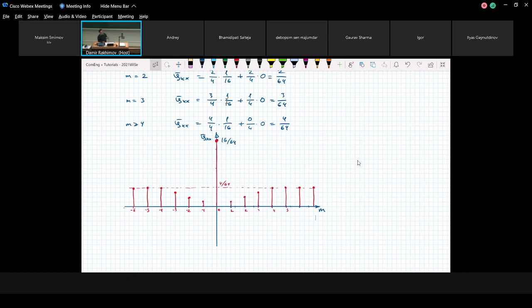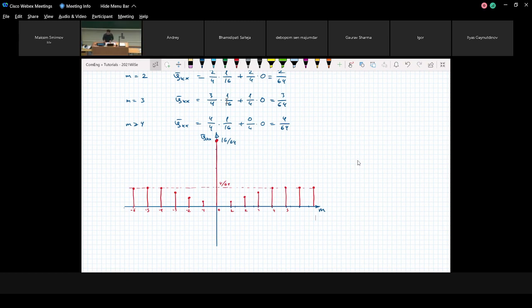Then you need to replace this symbol by this block and try to analyze what happens. Okay, any questions for this task?